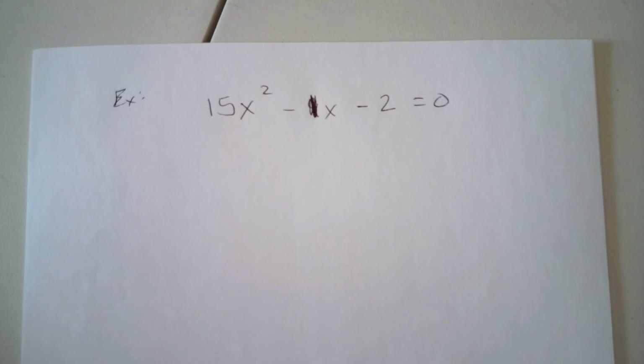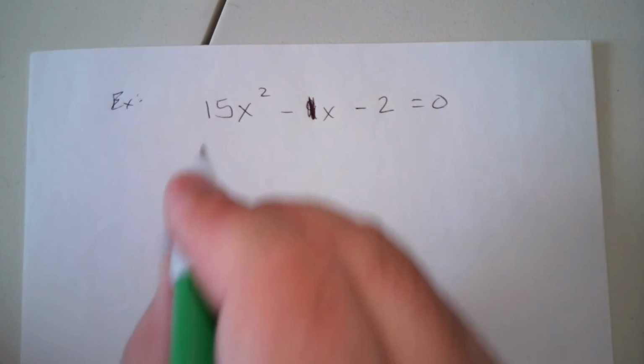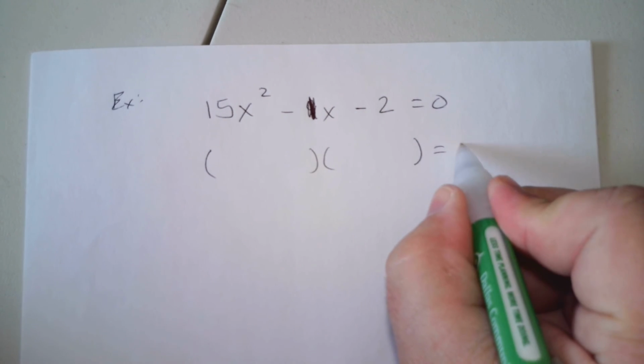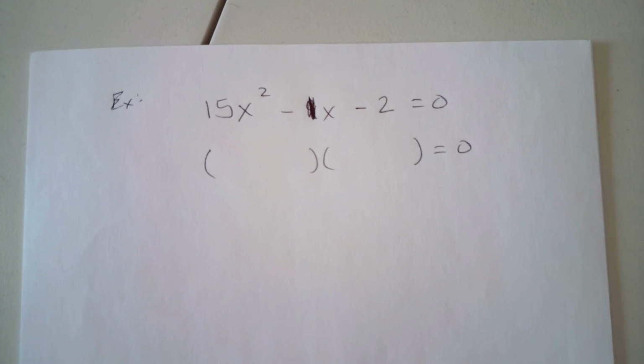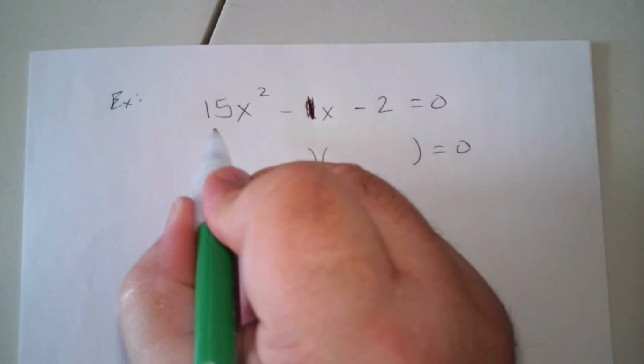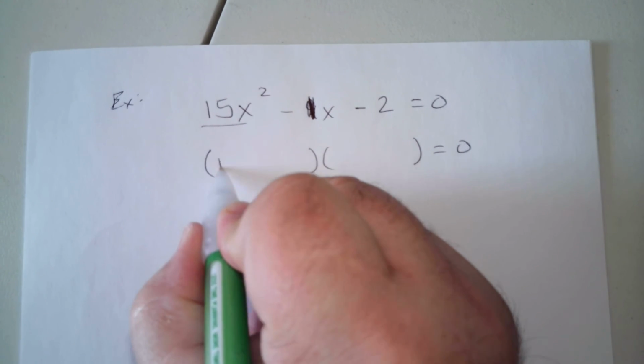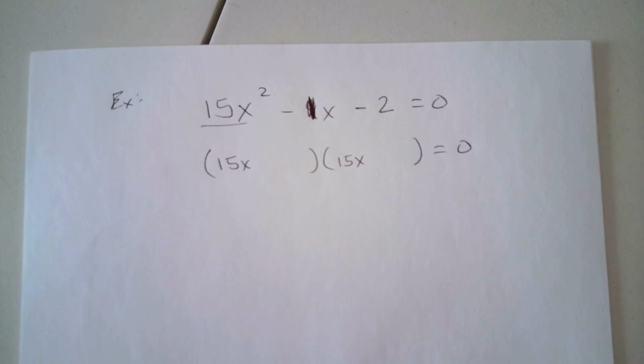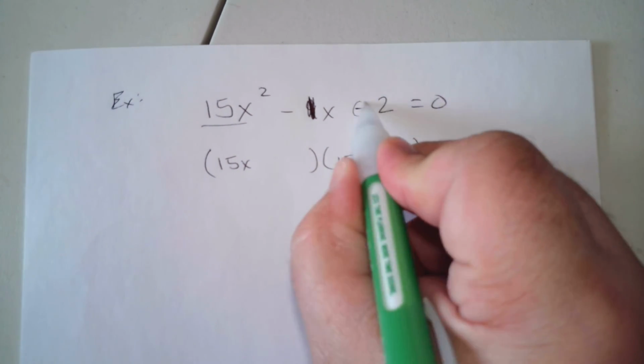All right, let's look at this one. So, first step, do the parentheses. So I have 15x here, 15x there. Look at the second sign.